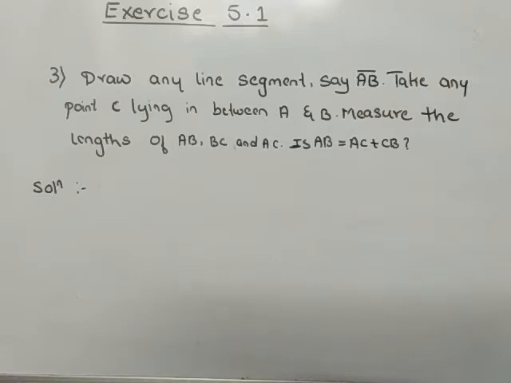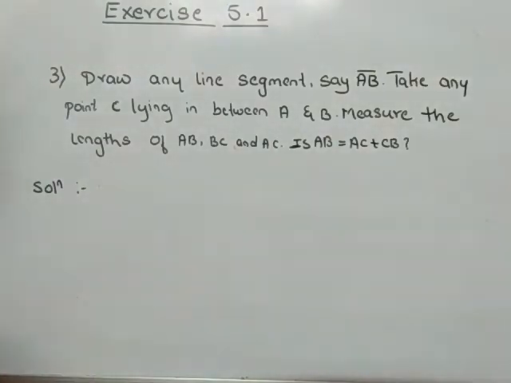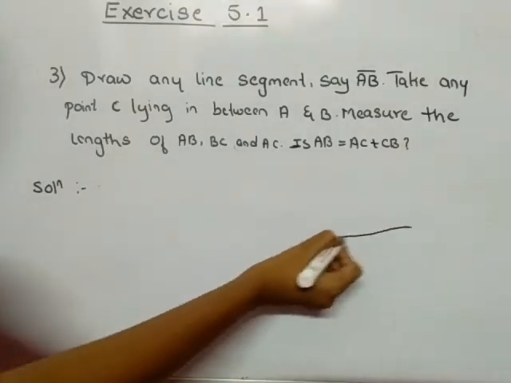The third question is: draw any line segment, say AB, take any point C lying in between A and B. Measure the lengths of AB, BC and AC. Is AB equal to AC plus CB? We need to show whether this is yes or no, right? So for that, I will draw one line segment.